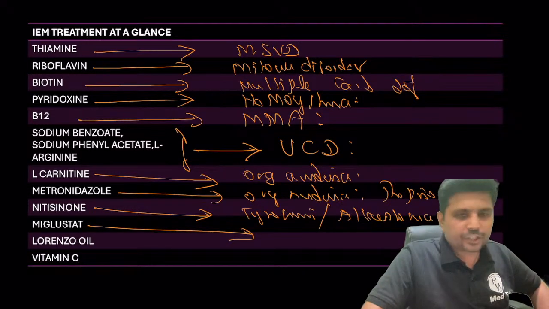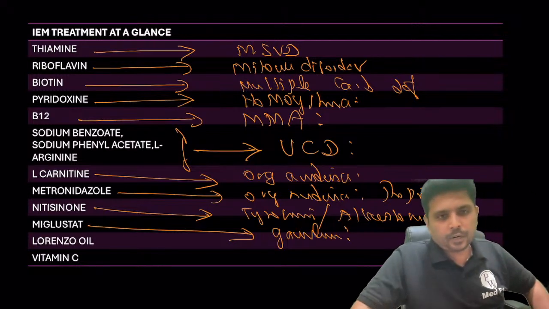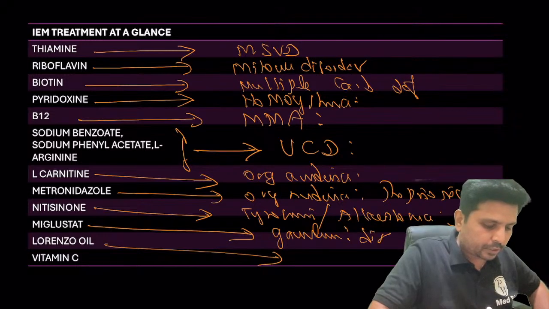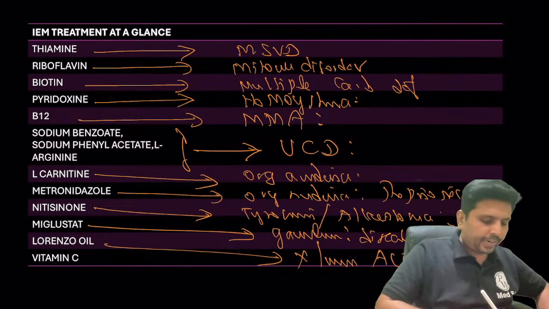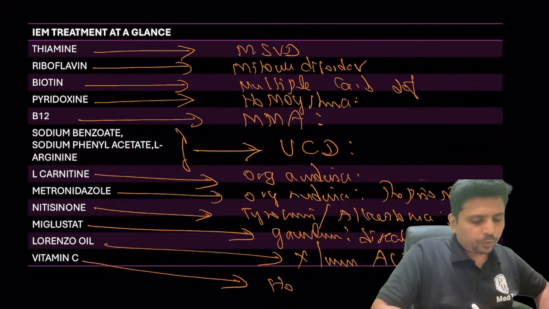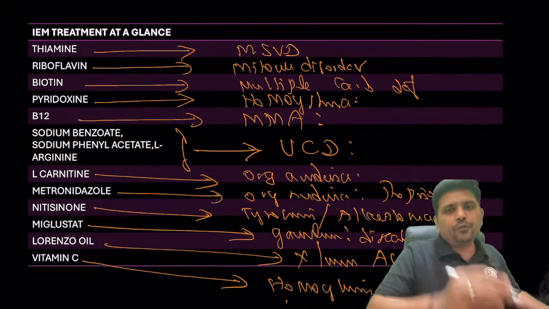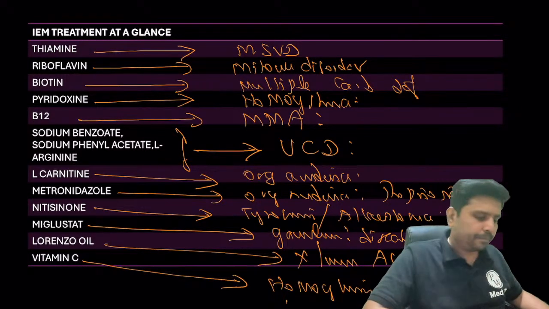Miglustat, substrate reduction therapy, is used in Gaucher's disease. Lorenzo oil is used in X-linked adrenoleukodystrophy. Vitamin C is used in homocystinuria as an antioxidant as well as in alkaptonuria. Very, very important. You will get at least one question from this simple single PPT.